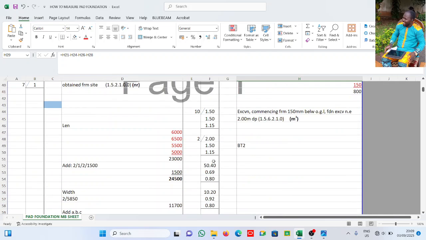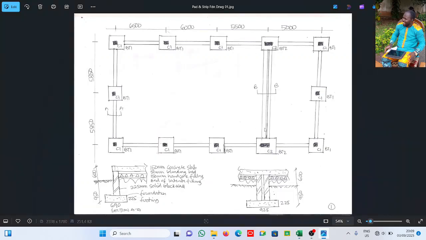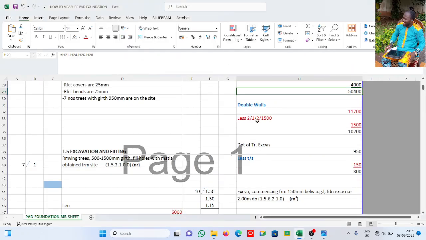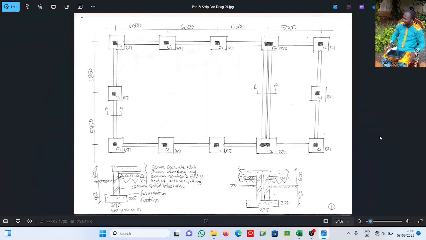This is for the double walls. This one is for the double walls. That's this double wall. Which is this plus this. Then I less 2 by half by 1,500. That's what you'll see here. 2 by half by 1,500. That gives me 10,200. That's the remaining length. 10,200 by 0.92. The width is different because it's a double wall.